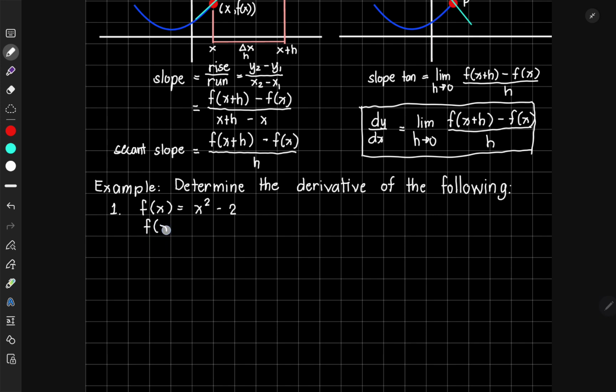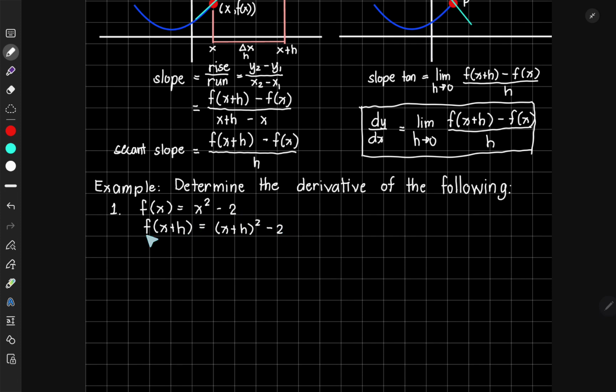So, we have f of x plus h. So, from our function, yung x plus h natin, substitute natin siya to all variable x dito sa f of x natin na function. So, yung instead na x squared dito, magiging x plus h squared na siya. So, minus 2. So, since wala naman siyang kasamang x dito, 2 lang yan.